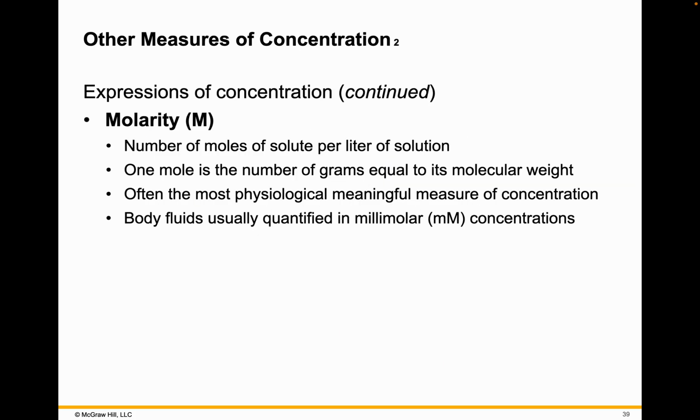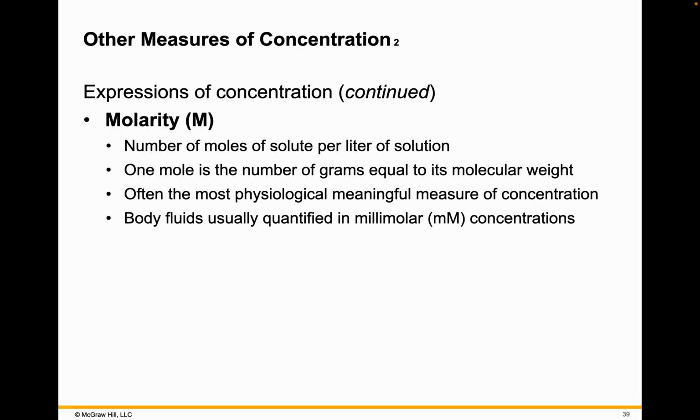We've already used the term molarity, but let's talk a little bit about molarity. Molarity is the number of moles of a solute per liter of solution. A mole is like a dozen. A dozen is 12. A case is generally 24.